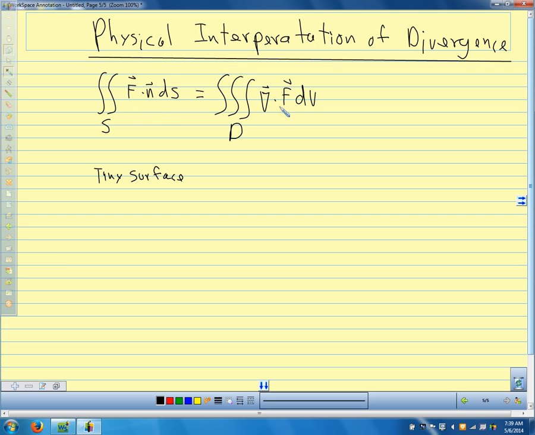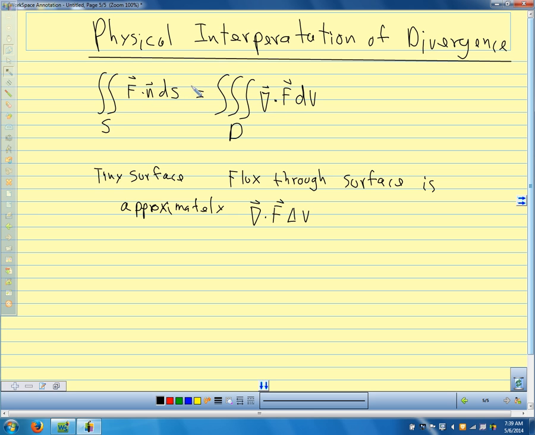Our flux through this tiny surface is approximately, by the divergence theorem, given by del dot F delta V. So we're just talking about a tiny surface, and we're thinking about what the divergence theorem tells us.